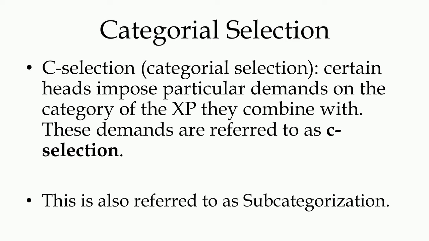So, certain heads impose particular demands on the category of an XP they combine with. It simply means, look at a verb phrase, look at the verb head. If we have a transitive verb, it is going to need an object. That is the meaning of this.